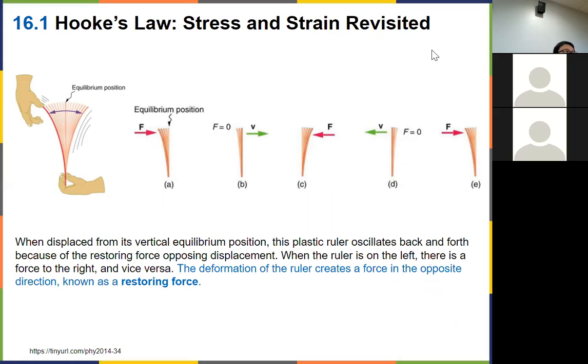So the force as a result of the displacement is in the opposite direction of the displacement. That kind of force is called the restoring force. That means it has a tendency to pull the object back to its equilibrium point. And when the ruler swings to the right, the force will be to the left.